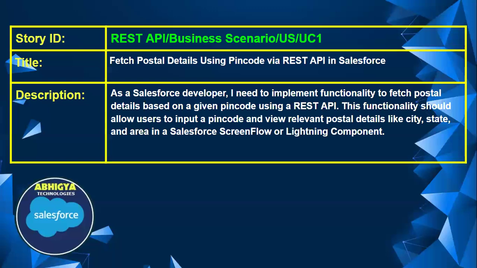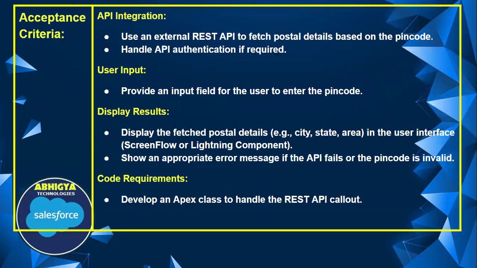So the use case is that when we enter the pin code, based on that pin code we can get the postal details, like the relevant information, city, state, areas, that kind of information. Here we can develop it with a Lightning web component. Let's see how to implement this use case step by step in this tutorial.